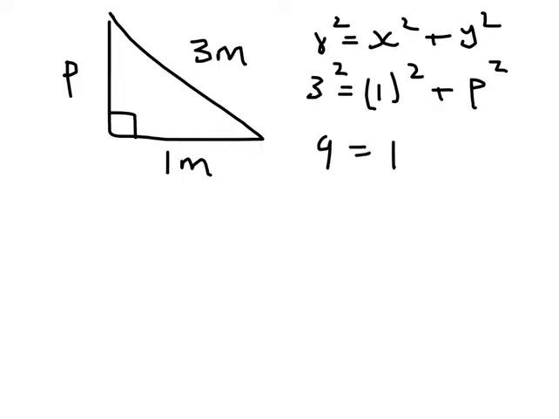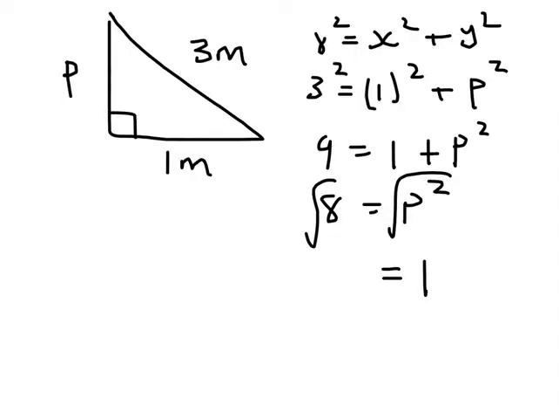What is 1 squared? It is just 1, and then p squared is what you are looking for. Take 1 to the other side: 9 minus 1 is definitely 8, which equals p squared. Then what you can do now is square root both sides, so that you remove the square on that side of p.